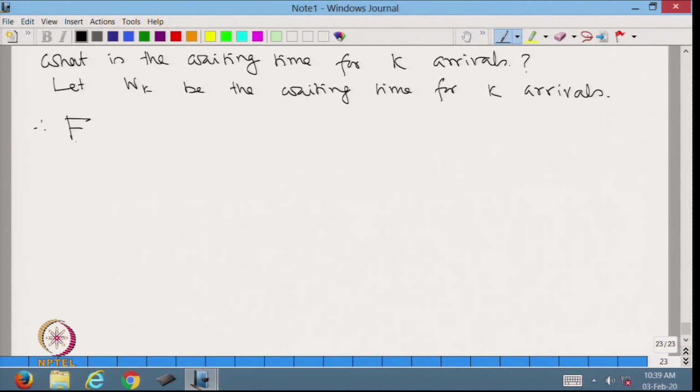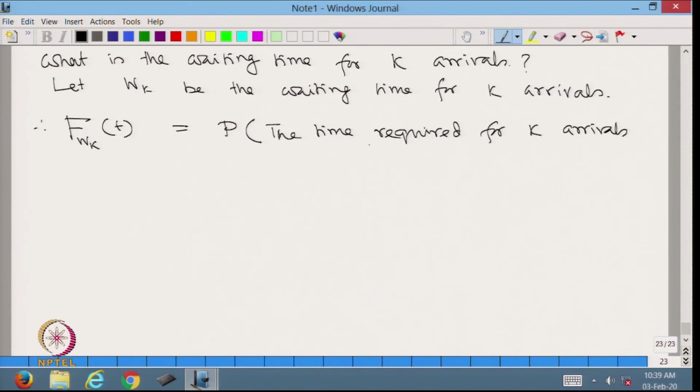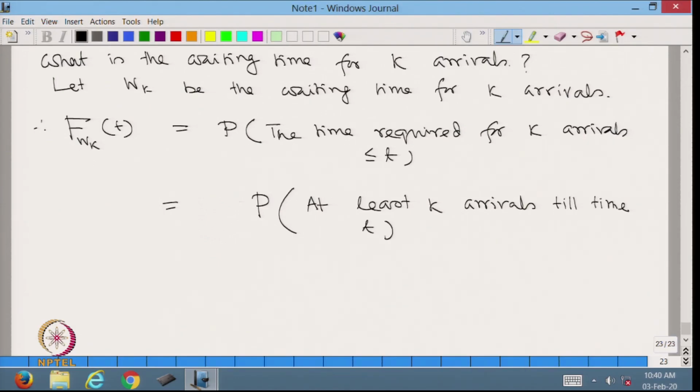Therefore, F_{W_k}(t), that is the probability that the time required for k arrivals is less than or equal to t, is equal to the probability of at least k arrivals till time t.